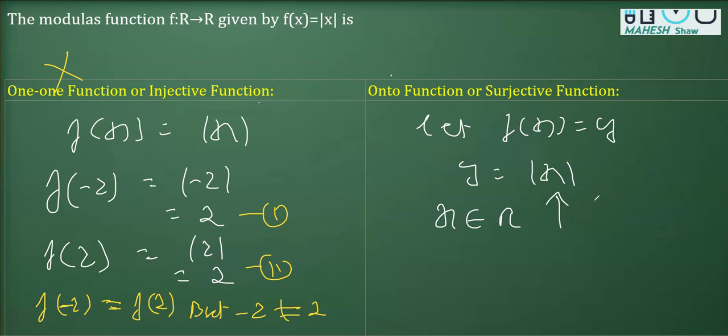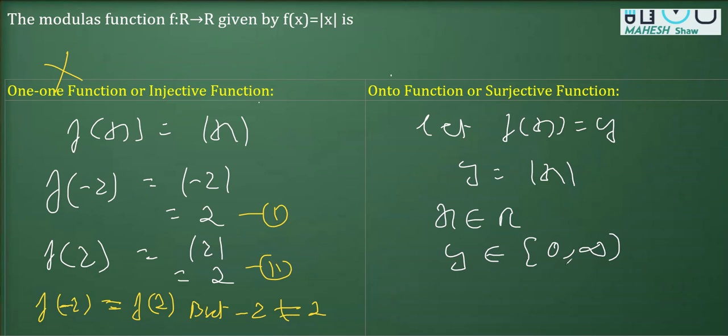The output here, that is y, will give you either 0 or a positive real number up to infinity. Once again, whether it's negative, positive, or 0, we'll get either 0 or a positive number.